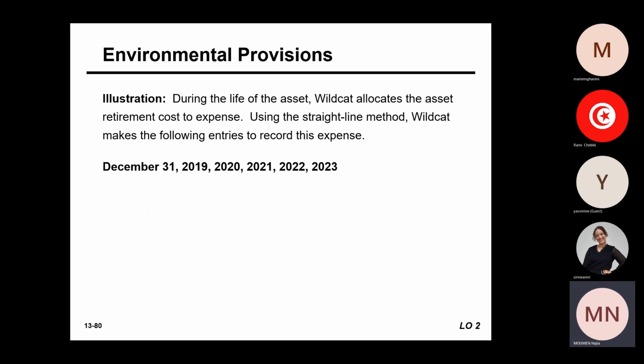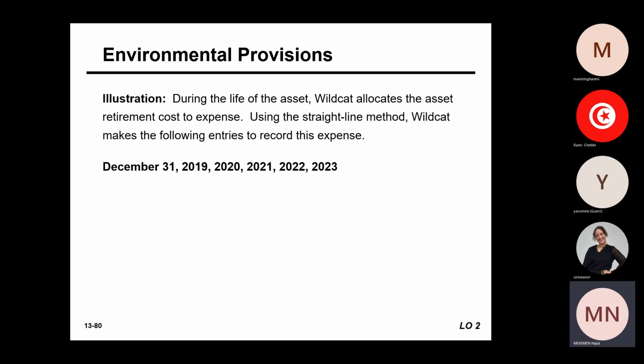And then during the life of the asset, we will be depreciating or retiring the cost to expense. It's not really depreciation, but here we're talking about retiring cost to expenses, because after the useful life we will be disposing of it, so we'll just dismantle, remove, etc.